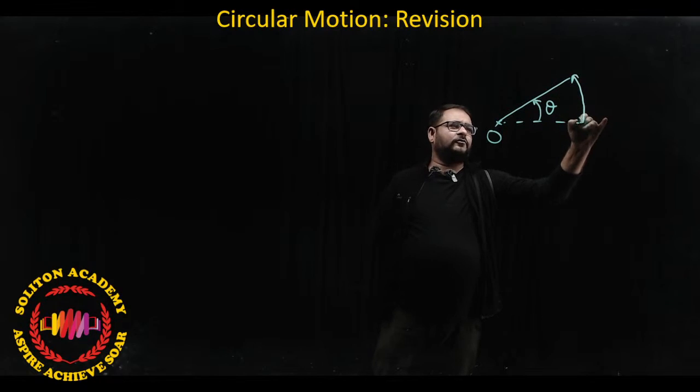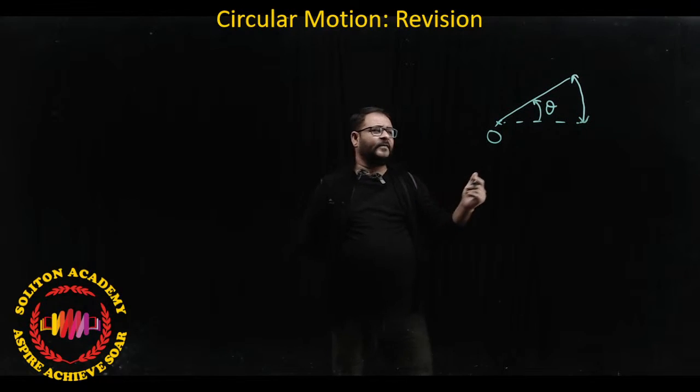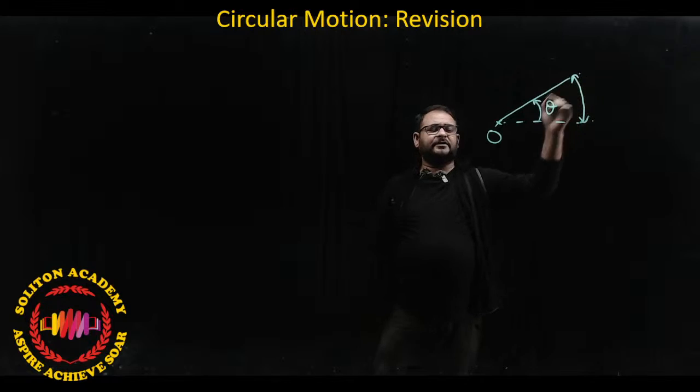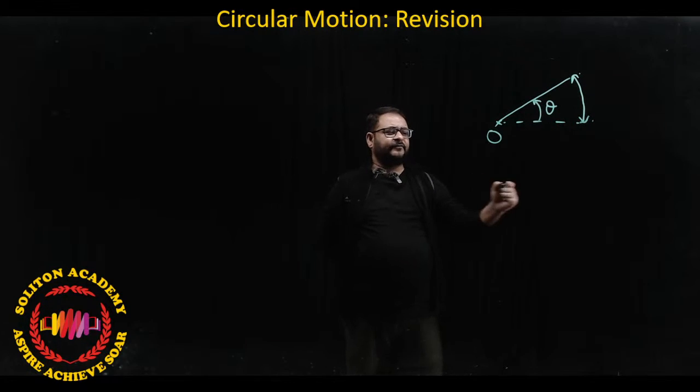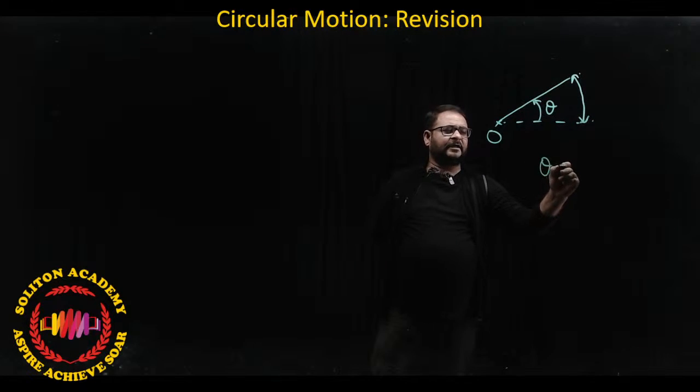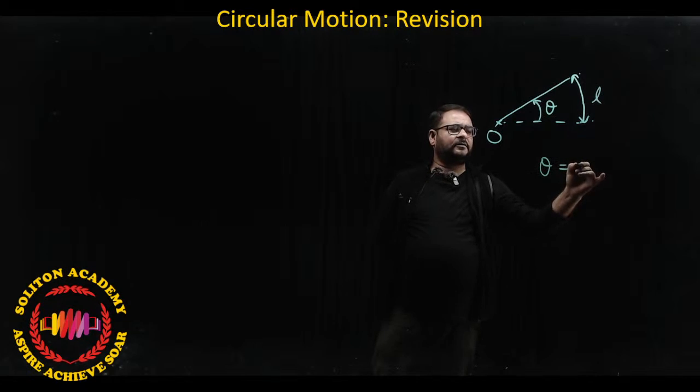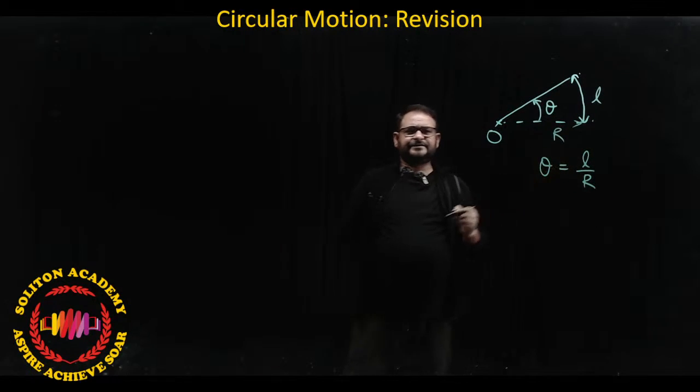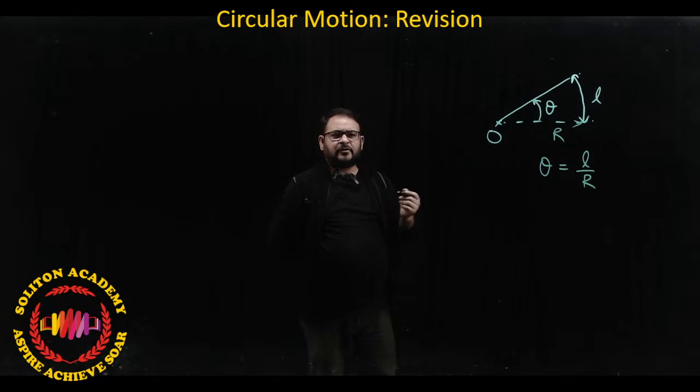Now let's have a look. It does a linear motion along this arc, then we define theta as L arc divided by the radius. The radius is r. Now it is very easy to derive it.